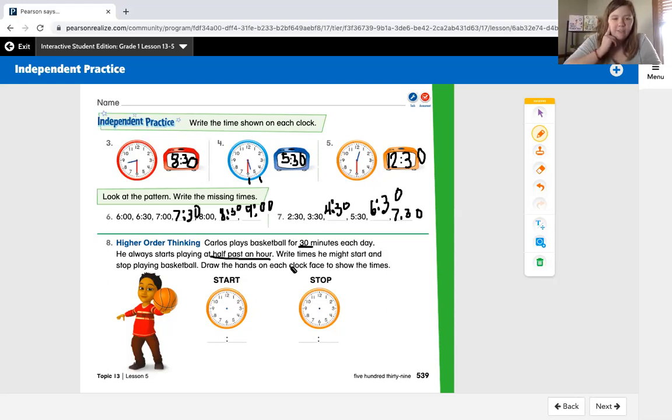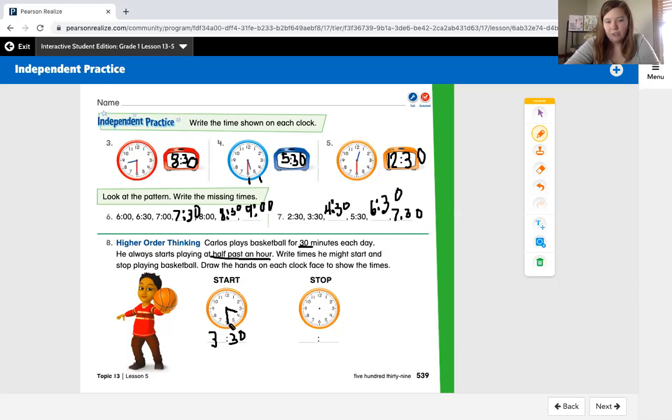So if Carlos goes to school and then he comes home and plays basketball, he might start playing basketball at 3:30. So I'm going to draw my hour hand in between my 3 and my 4 because it's half. And I'm going to take my long minute hand and make it to the 6. He starts playing at 3:30.